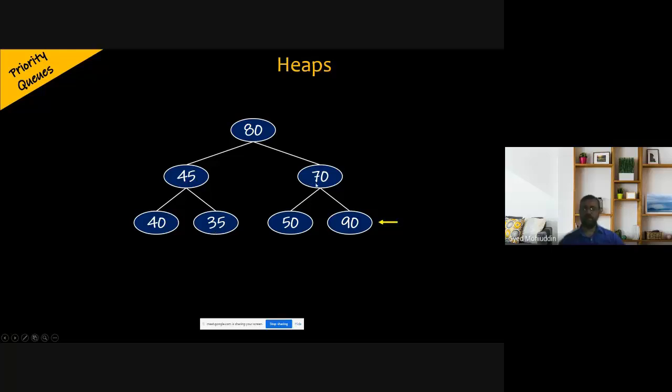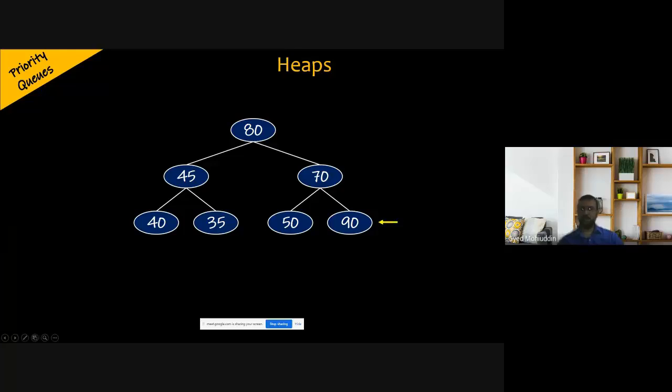Whereas node 70: node 50 is smaller, so that satisfies the property, but node 90 is greater. So this is not a heap, this is just a binary tree. To make this a heap, we always have to remember that the node should be greater than its children.